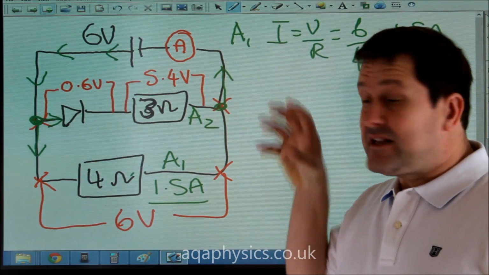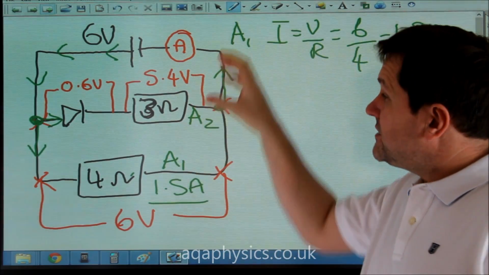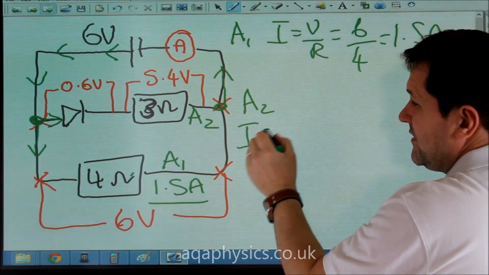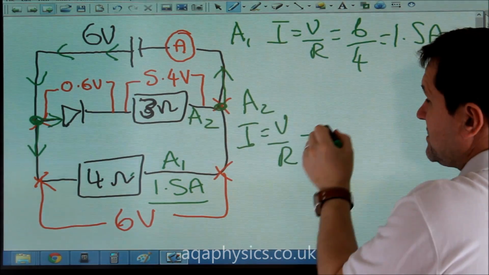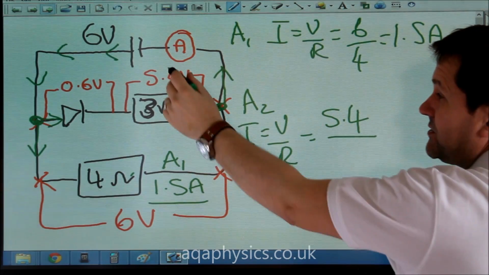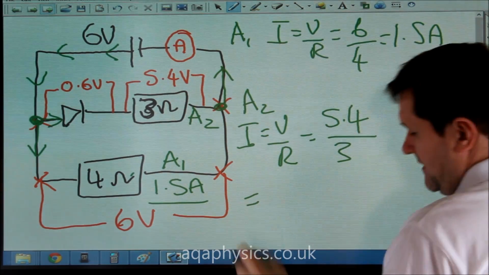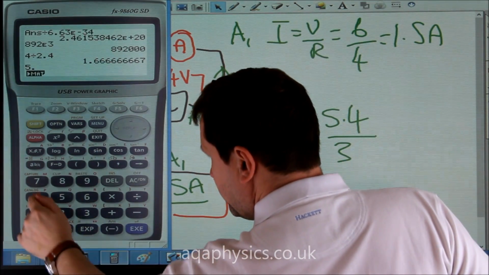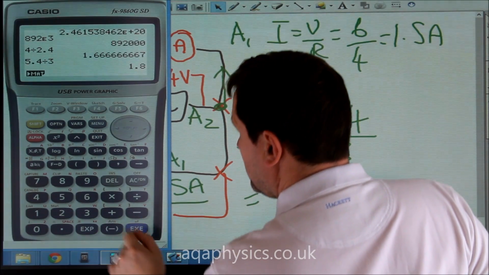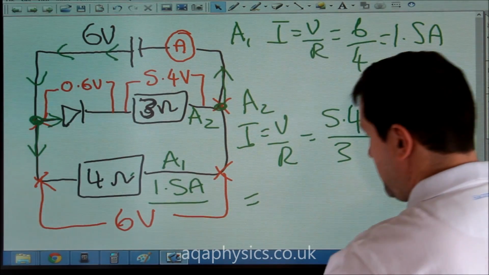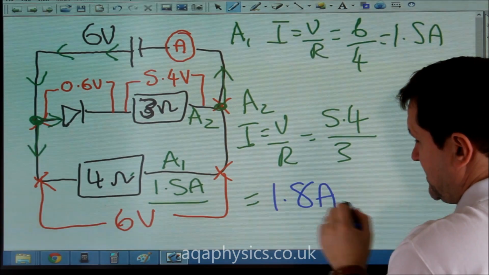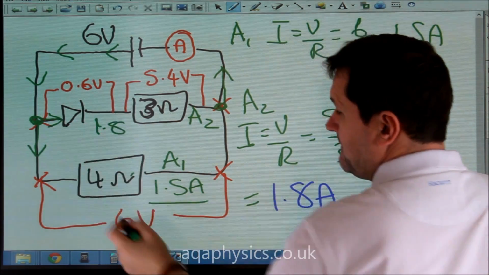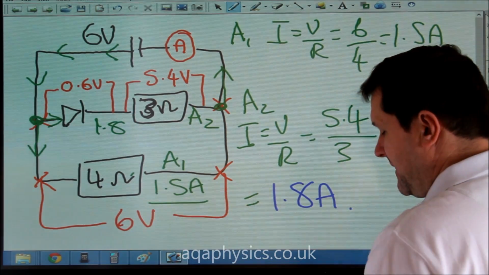Now this branch is slightly different because we've got a diode in place. So in this branch we could say A2, I equals V over R, which equals 5.4 volts over 3. And 5.4 over 3 equals 1.8 amps. So we've got 1.8 amps flowing through here and 1.5 amps flowing through here.